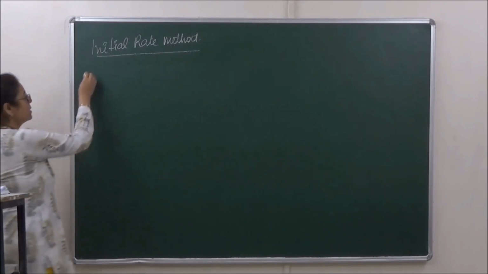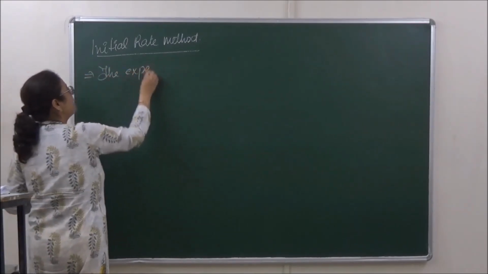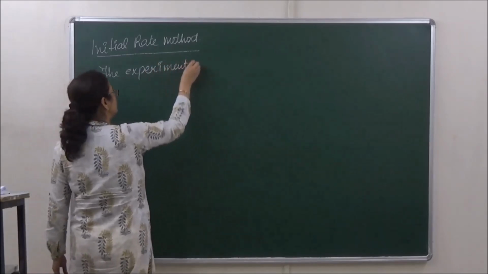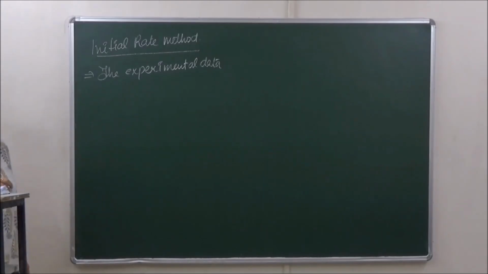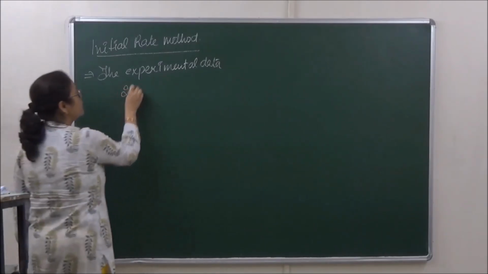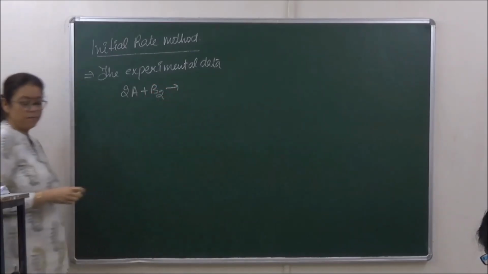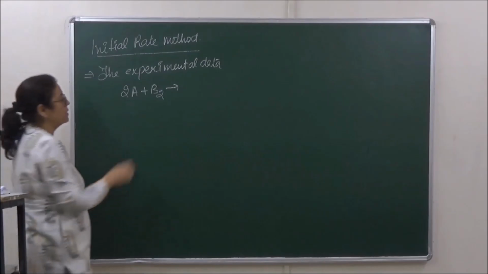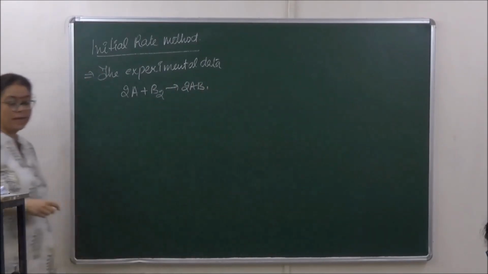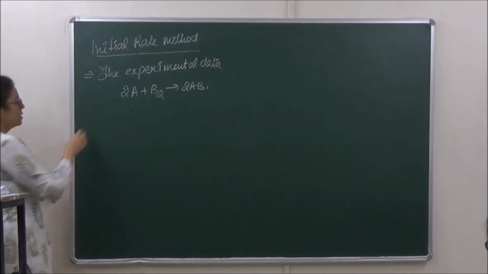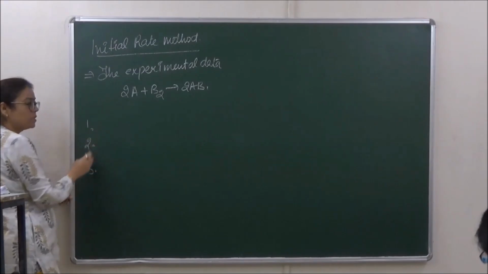We are taking the experimental data for a reaction. We have been given the reaction 2A plus B2 gives 2AB. This is the reaction given to us, and in the experimental data we have recorded three readings.